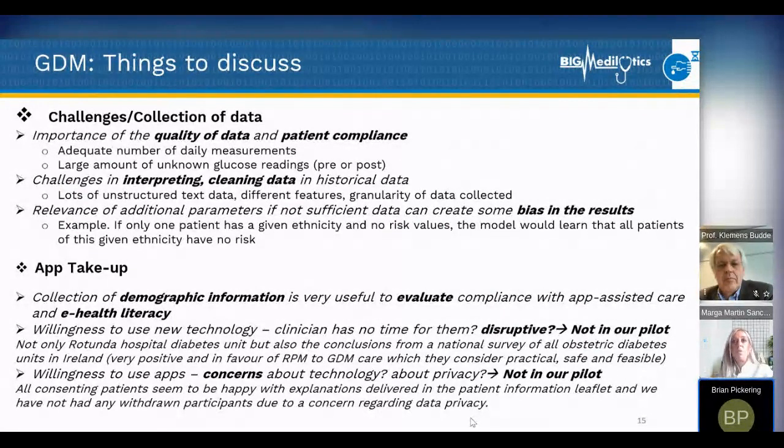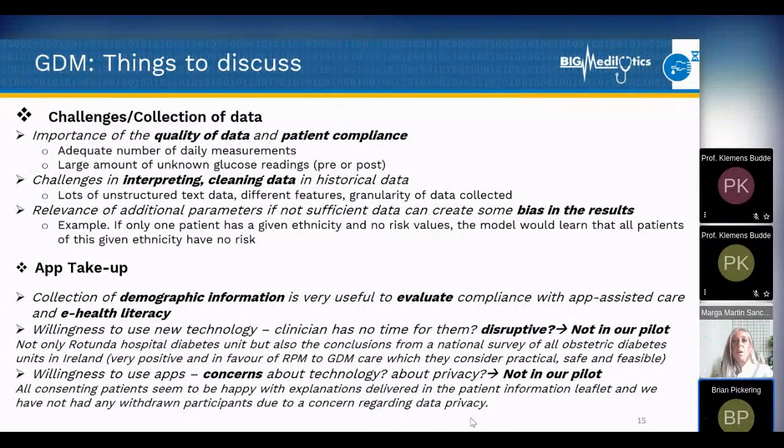Everyone was happy to use this application, as they were informed about the scope of the study, the objectives, the rights and obligations to participate, and also all the security measures in place and all the GDPR requirements. And actually, no one has withdrawn from the study for data privacy concerns, no concerns at all. So this is basically a brief summary of this pilot.